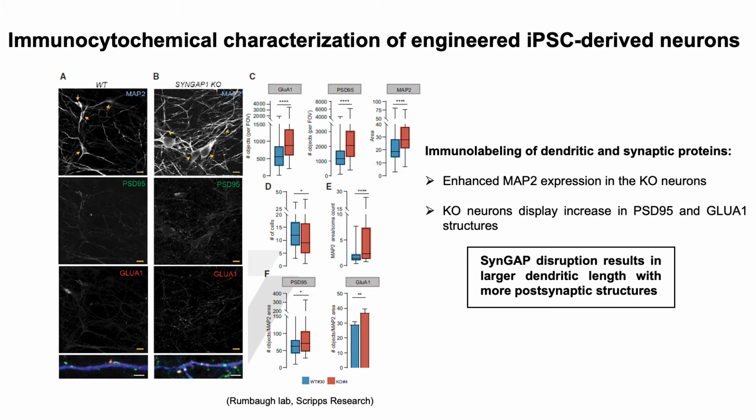Even when this measure was normalized to the soma count, the effect was larger for the knockout neurons compared to their wild type counterparts. So SYNGAP disruption results in larger dendritic length with more postsynaptic structures. They also looked at PSD95 and GLUA1, where it is seen clearly that the knockout neurons display much more enhanced structures at the postsynaptic region.